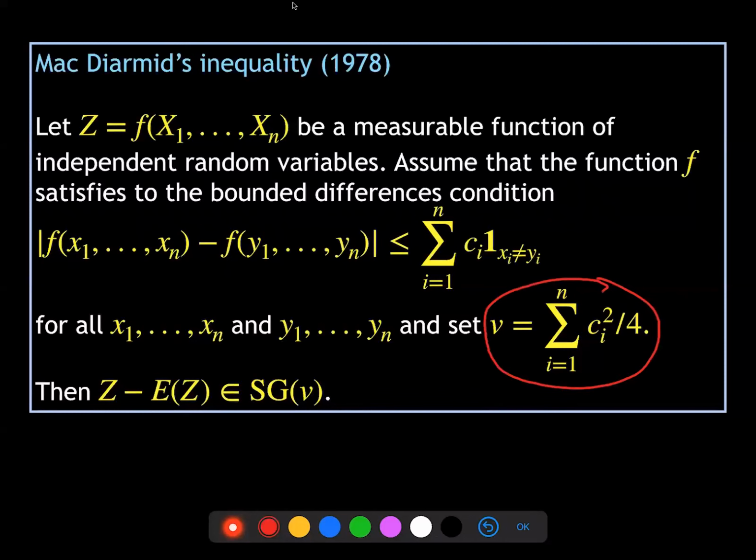And here we have the stronger result that the moment generating function itself is controlled by the one of the corresponding normal variable with variance equal to V. That is, the variable recentered is sub-Gaussian. So this is an inequality which is due to McDiarmid. The original proof is based on a martingale argument.